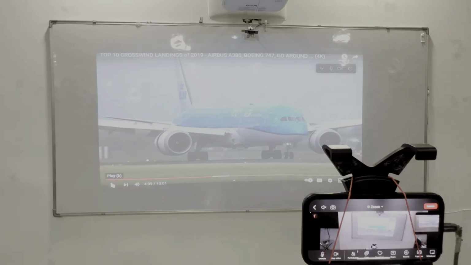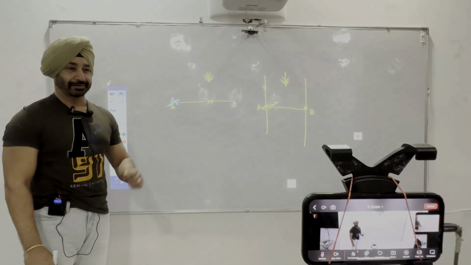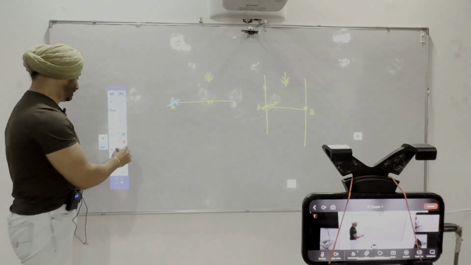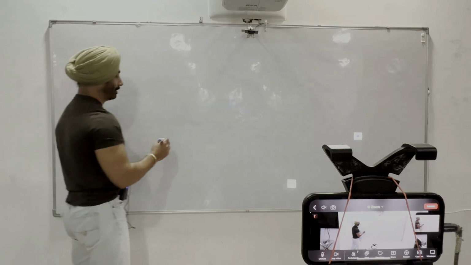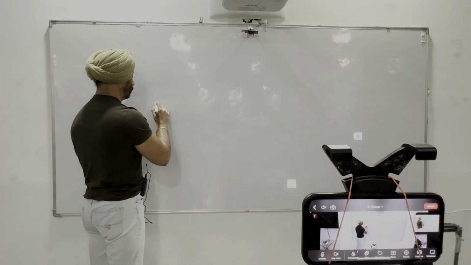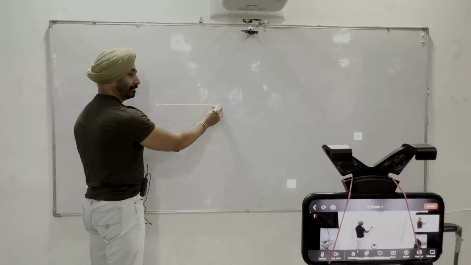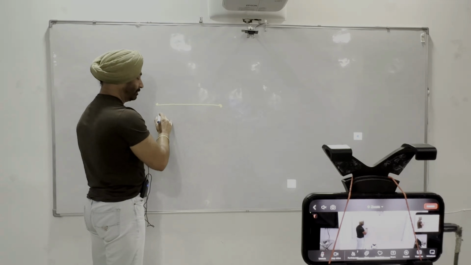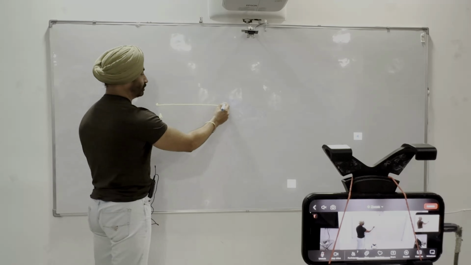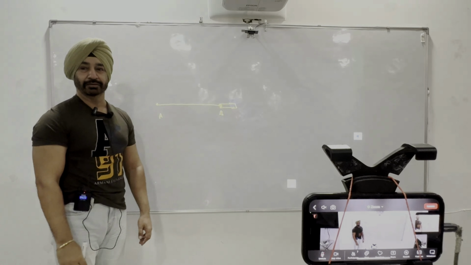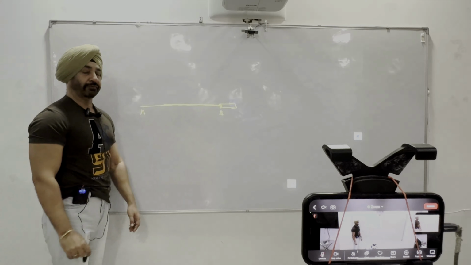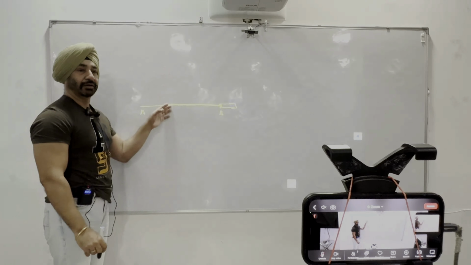But my question still remains, where is the triangle? Okay, let's see. You want to go from A to B. Let's say in the video which we saw, you want to land on the center of the runway, and winds are coming from the left.